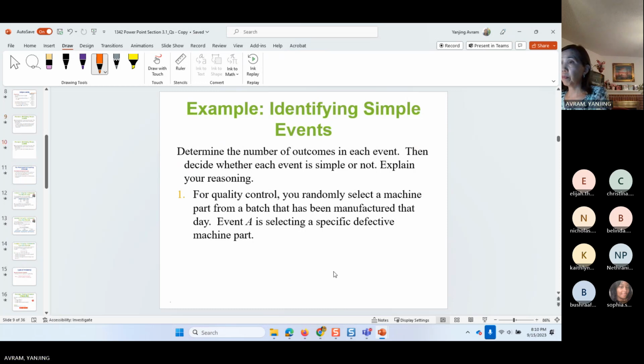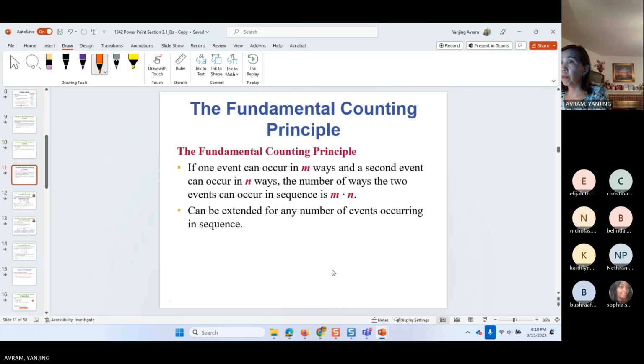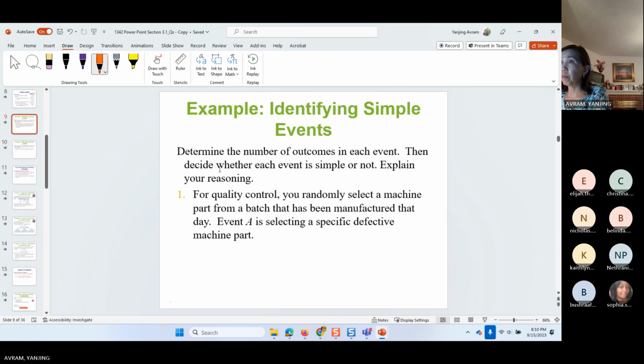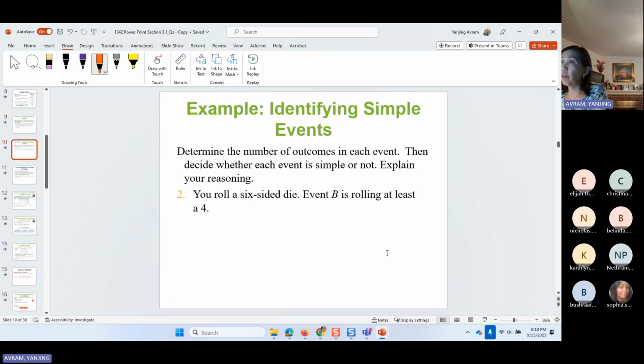Anyone? Okay, so if you select a specific defective machine part, there may be more than one, right? If it's more than one defective part, that would not be a simple event. So it depends on how many you have in here.